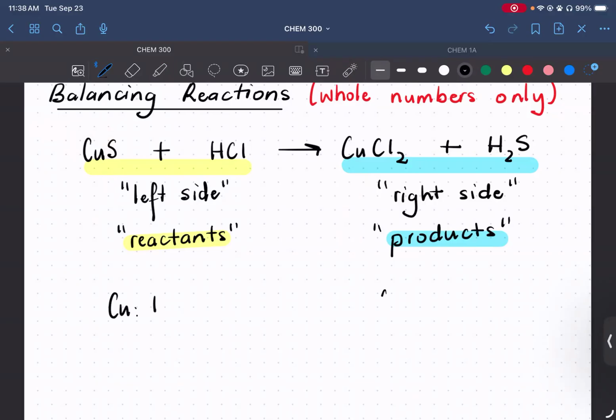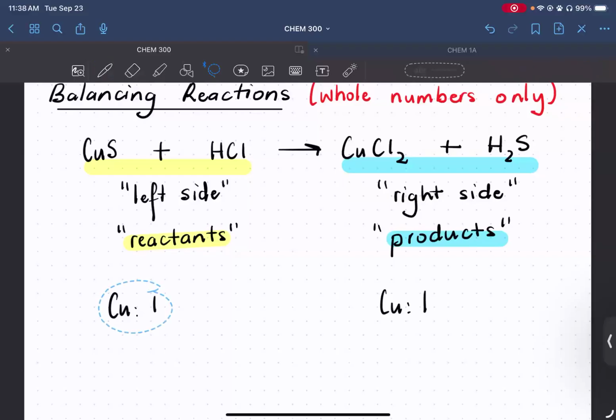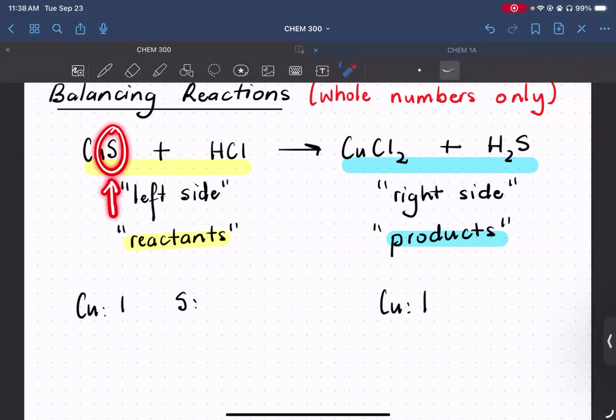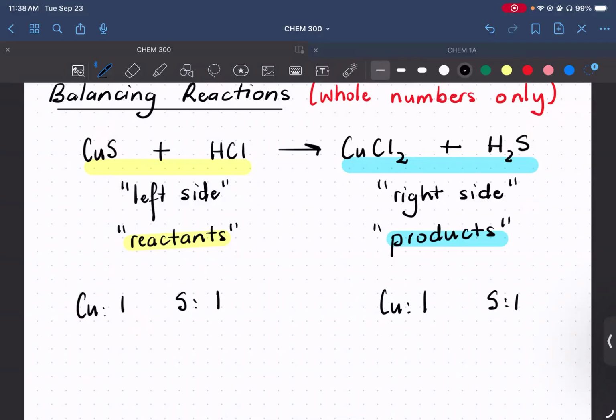We have 1 copper on the left, 1 copper on the right. After copper comes sulfur. We can see that on the left-hand side, there is only 1 sulfur. On the right-hand side, there is only 1 sulfur. So we make a note of that. 1 copper, 1 sulfur on both sides.